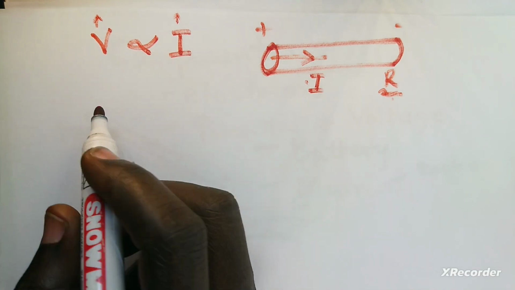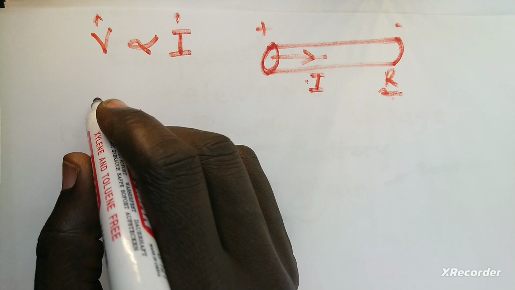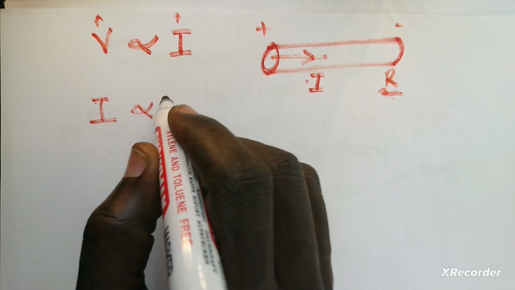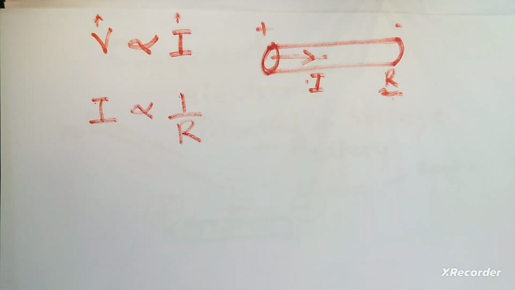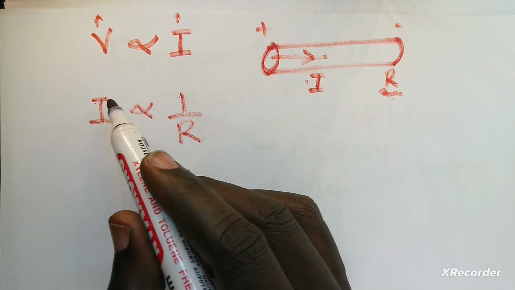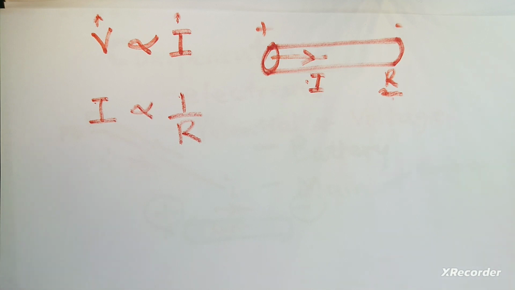Now, the point of contention that he had was why there is an inverse proportionality between current and resistance, in the sense that when you increase resistance, the amount of current flowing is greatly reduced.